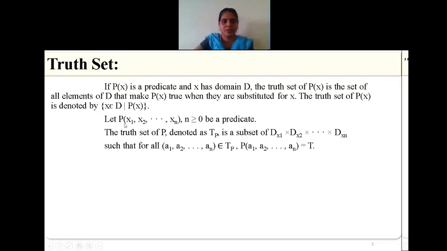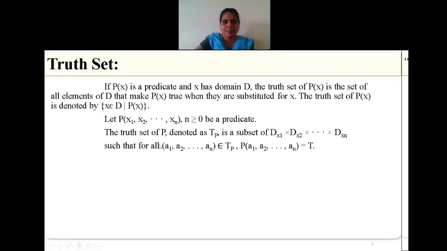Next, truth set. As in the case of propositional logic, every proposition has a truth value that is either true or false. Similarly, the predicate will become a proposition by replacing the x value with certain allowable values in the domain. So every predicate has a truth set.